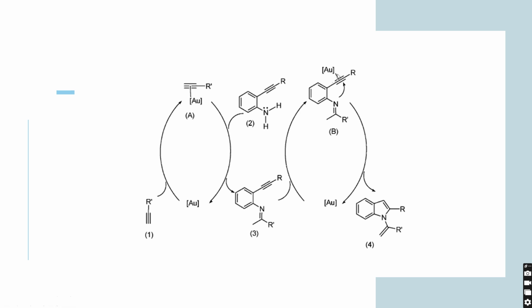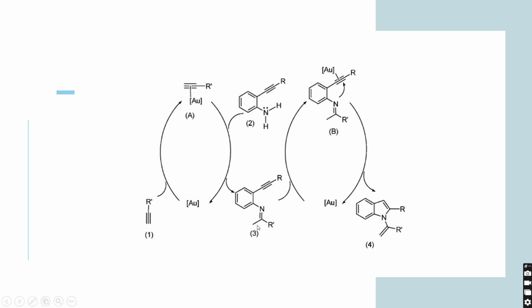And simultaneously, the amine which is present in the aniline is going to react with an activated alkyne from the second substrate, and this reaction of this amine and the activated alkyne is going to give us this imine generation in the reaction.